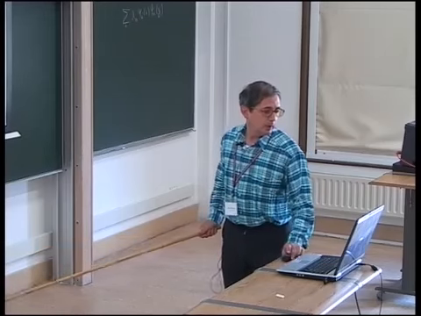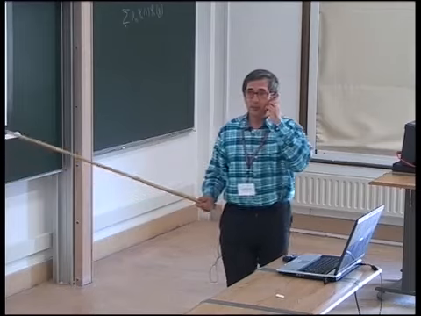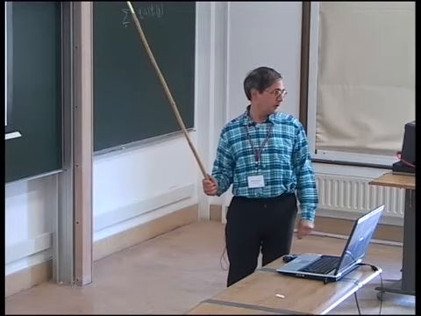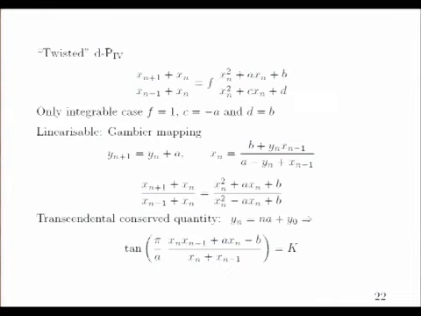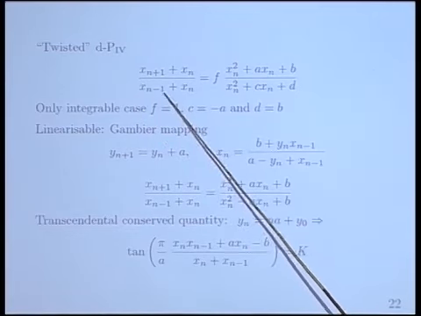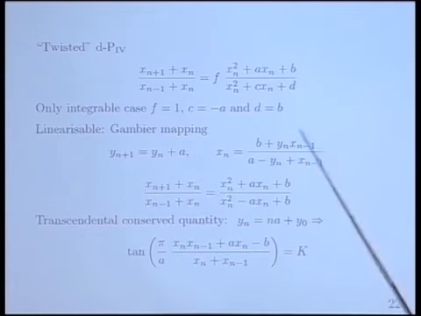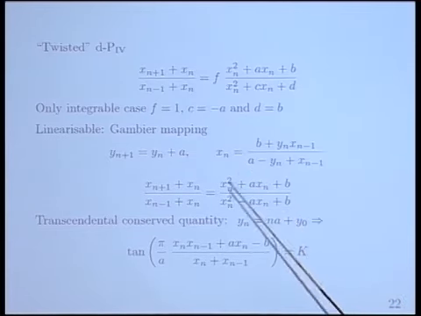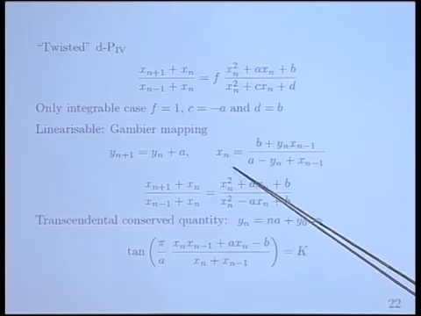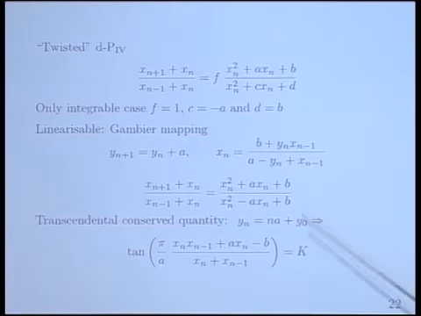Okay, so now this is what happened when I tortured the poor P3 equation. Now I'm going to torture the poor P4 equation. So the Painlevé 4 equation has the product of those two terms with the right-hand side. And so now I use the ratio of those two terms, and I look at that. And in fact, the only integrable case is linearizable through a Gambier mapping.